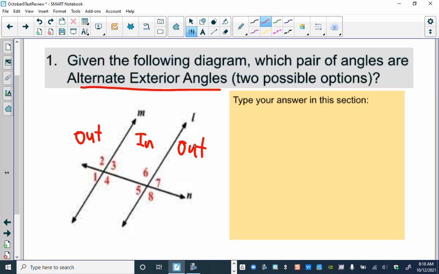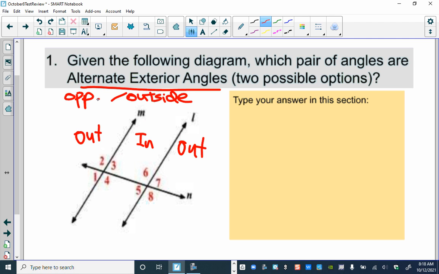Alternate exterior, I'm sorry. Are we talking about the angles inside or outside? Exterior. Outside. It's outside. Now, alternate. Are we talking the same side of this transversal or the opposite side of the transversal? Opposite. Opposite and outside.